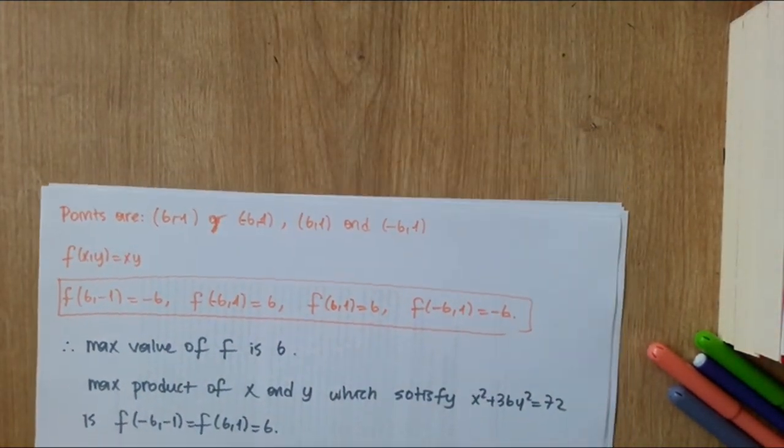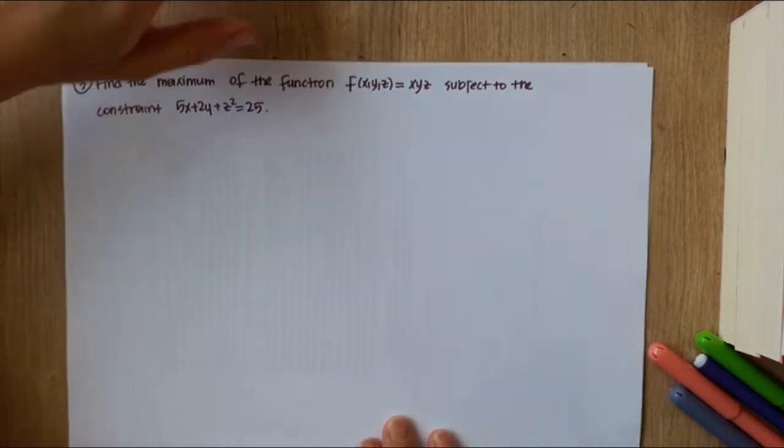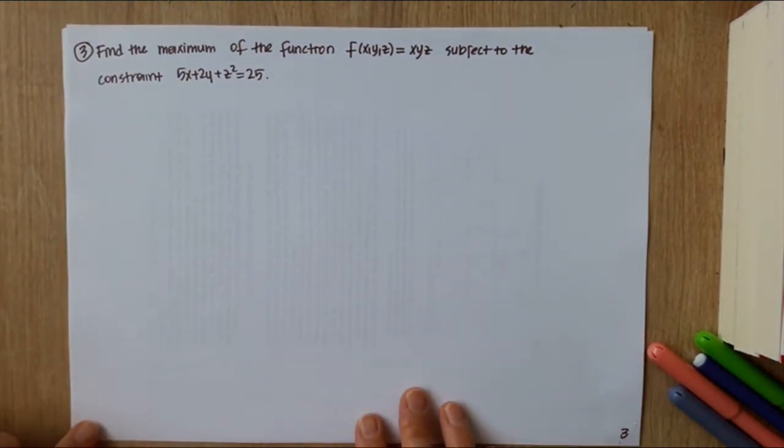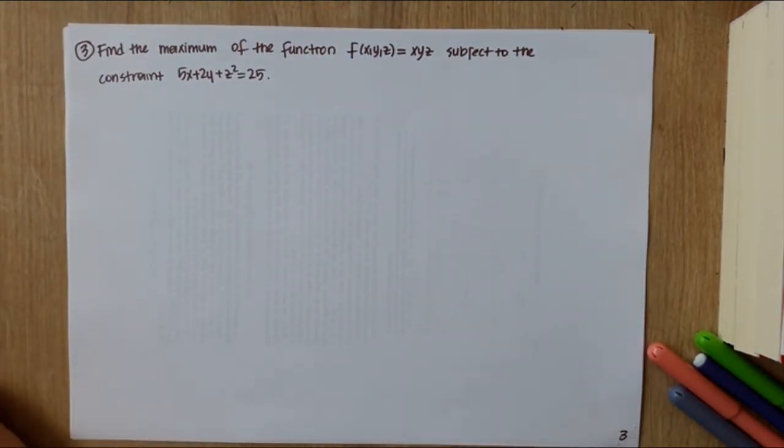Okay, so let's move on to the next problem. I just want to find the maximum value of the function. This time we again have multiplication, but multiplication of 3 numbers here. So we are dealing with functions of 3 variables in space.